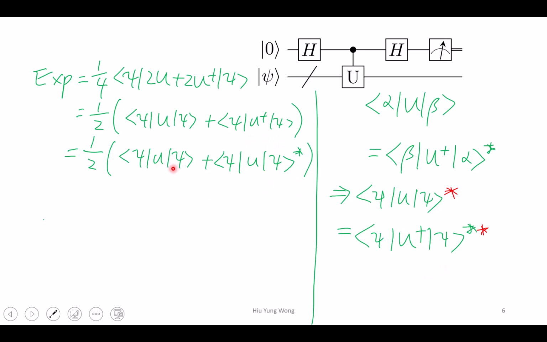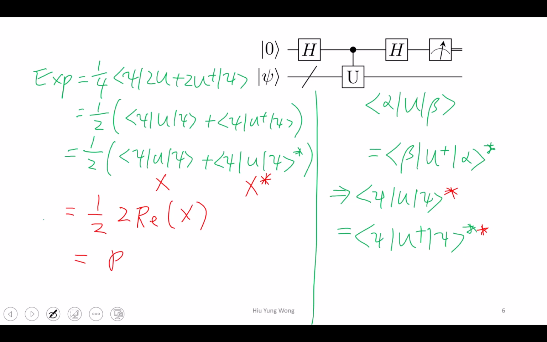So this is a number. This is the complex conjugate of this one, correct? If I call this X, this is X star, just a complex number, right? So what does it mean? When you add two complex numbers together, what do you get? You get the real part of that complex number, right?